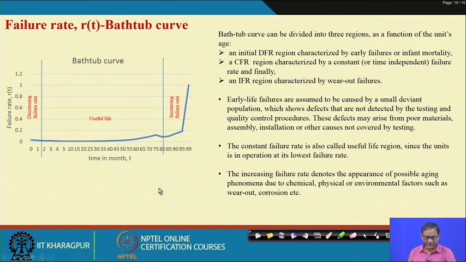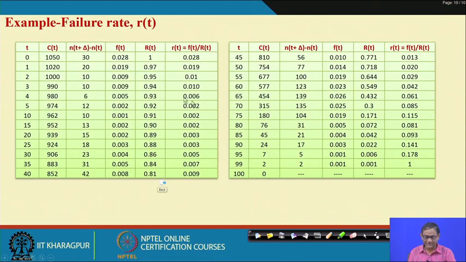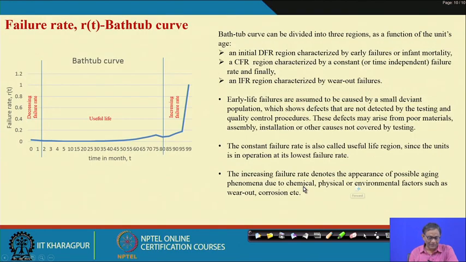So, then if you plot this, we have plotted this hazard rate and we got this kind of curve. If you see this curve, this is the region.